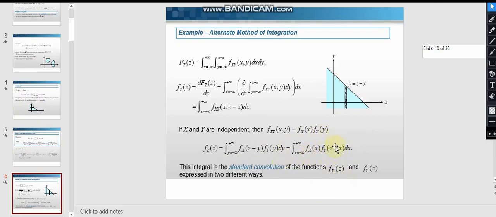So in both ways we can write the PDF of z. We know this is the convolution of two PDFs, the PDF of x and the PDF of y.